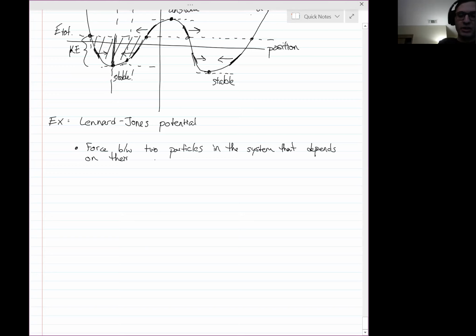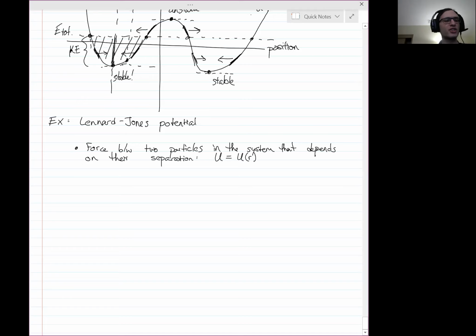That is, this is a lot like gravity or electricity. The point is it doesn't depend on the exact positions of the two particles, it just depends on how far away the two particles are from each other. So we can write the potential energy, U, as a function of just R, the distance between them.